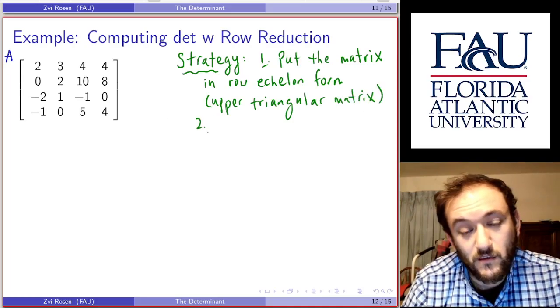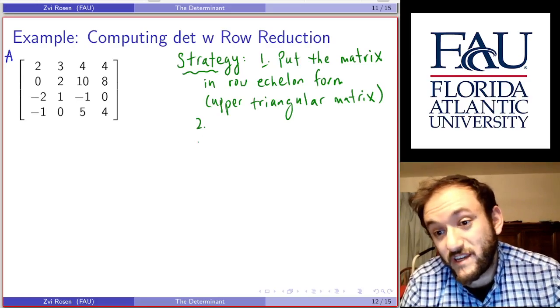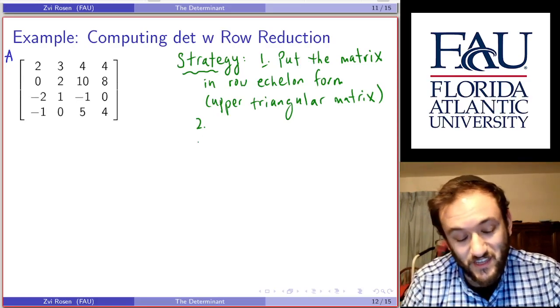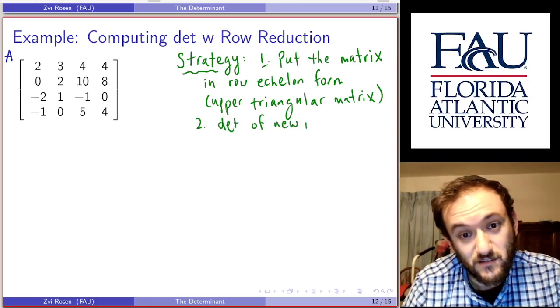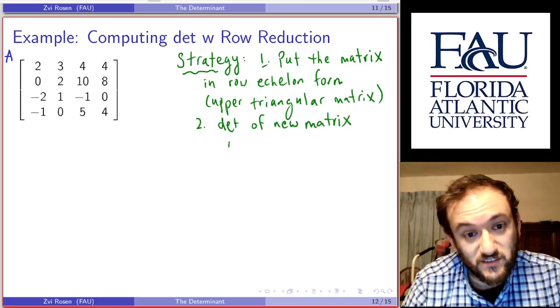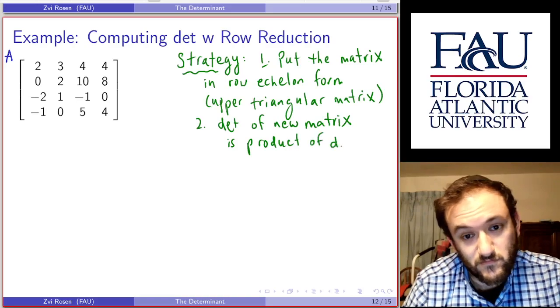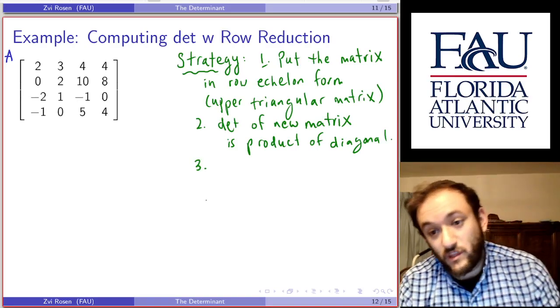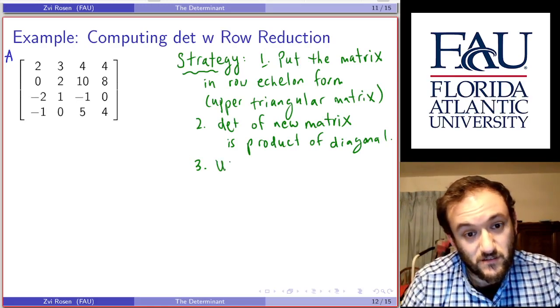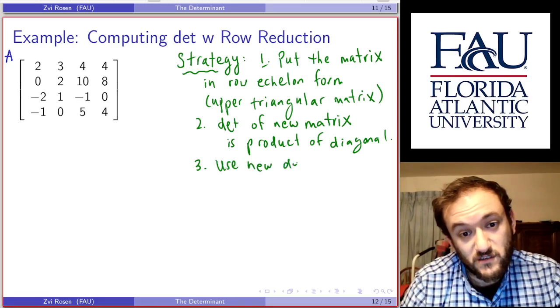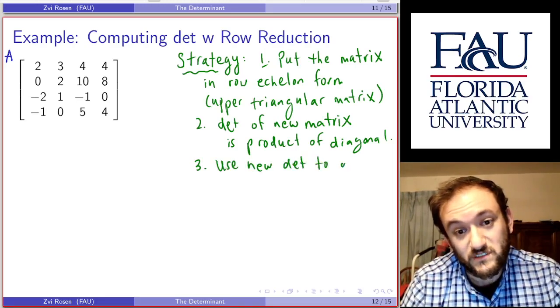Once we have an upper triangular matrix, the determinant is really easy. It's just the product of the entries. So the determinant of the new matrix is the product of the diagonal. Then we can use the determinant of the new matrix to derive the determinant of the old matrix.